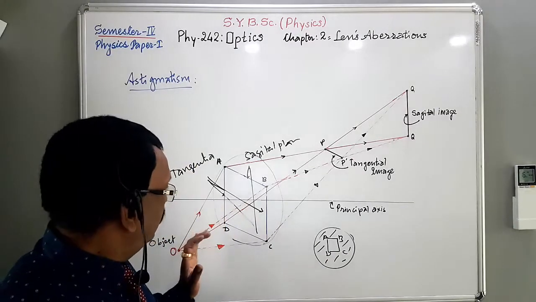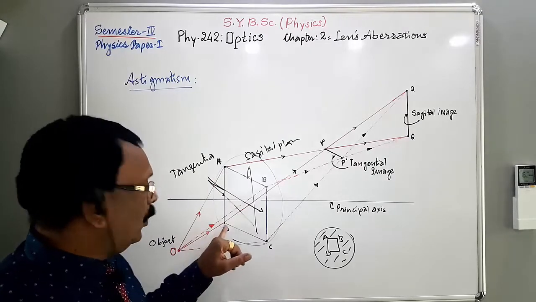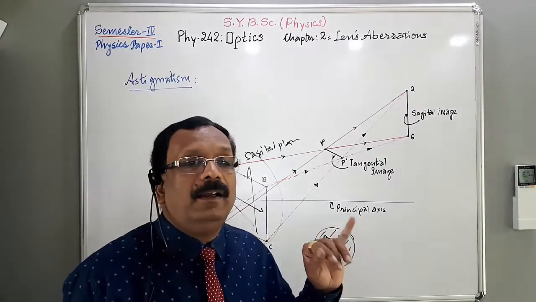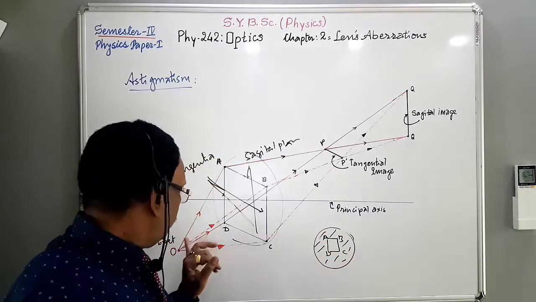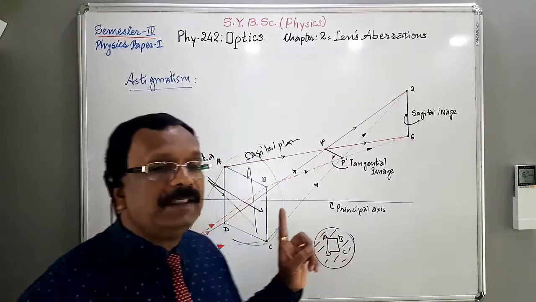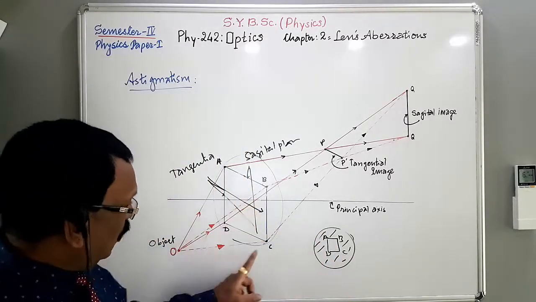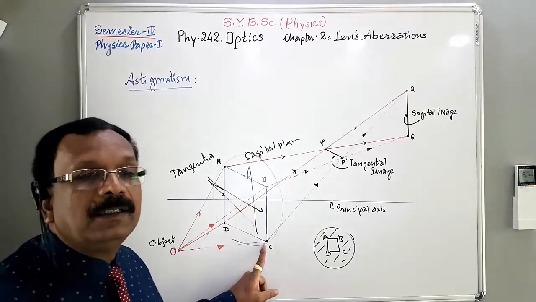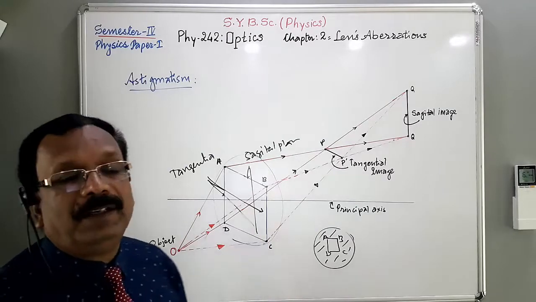In this figure, the rays OA and OD are in one tangential plane. Similarly, OB and OC are also in one tangential plane.